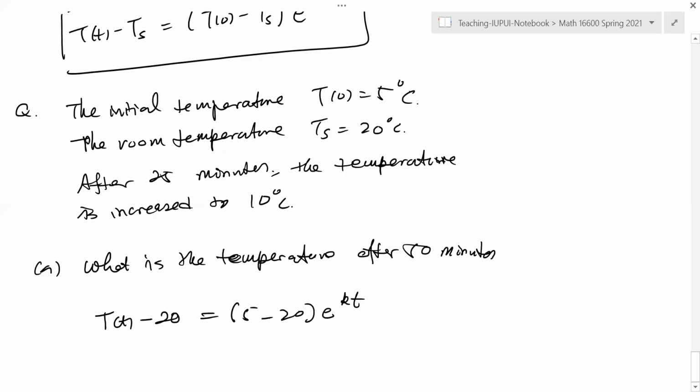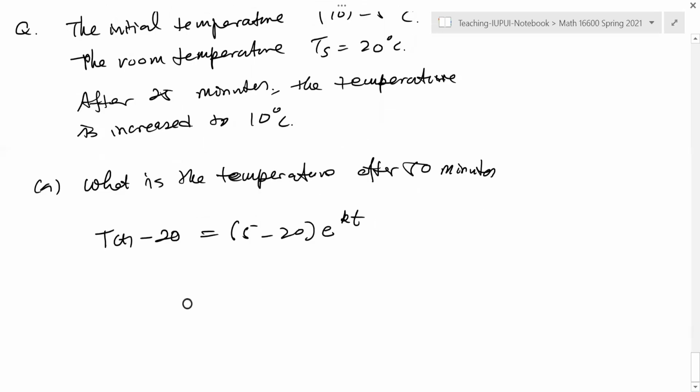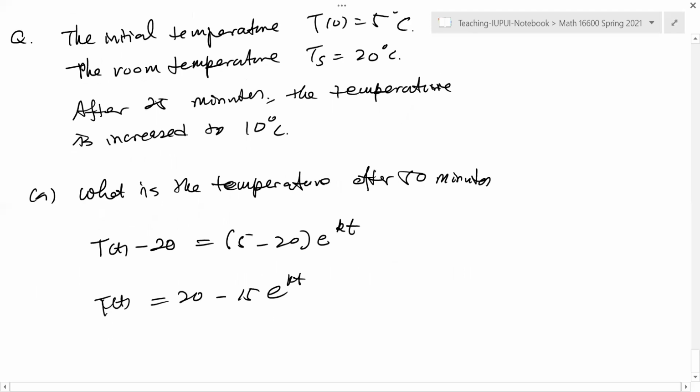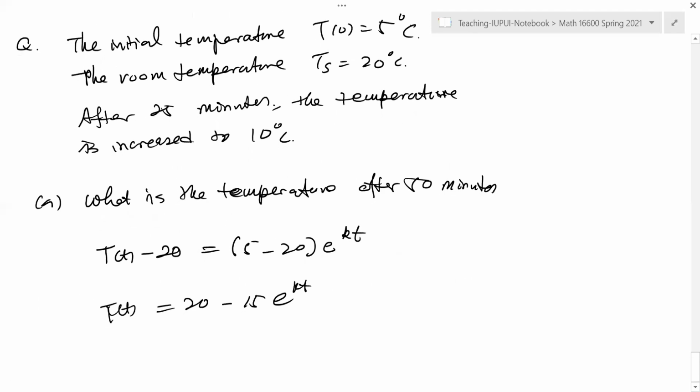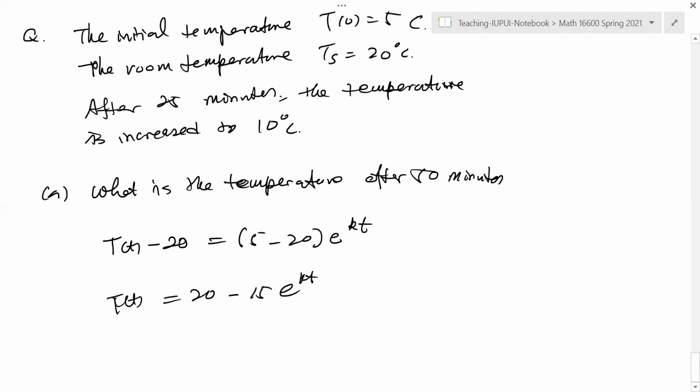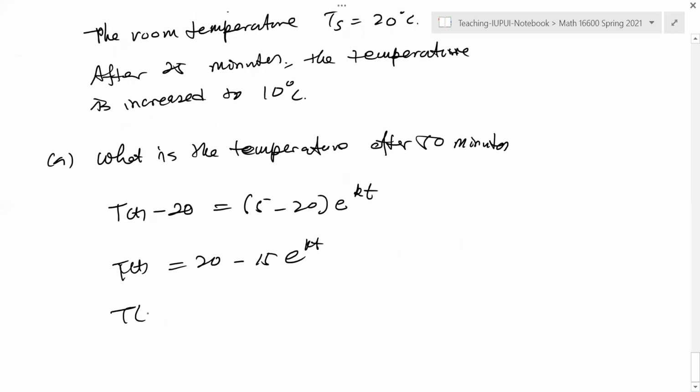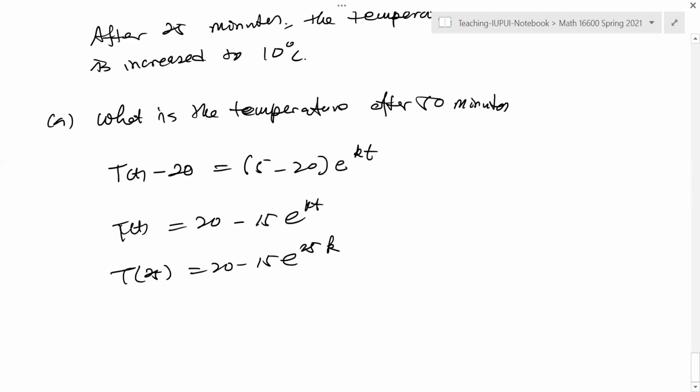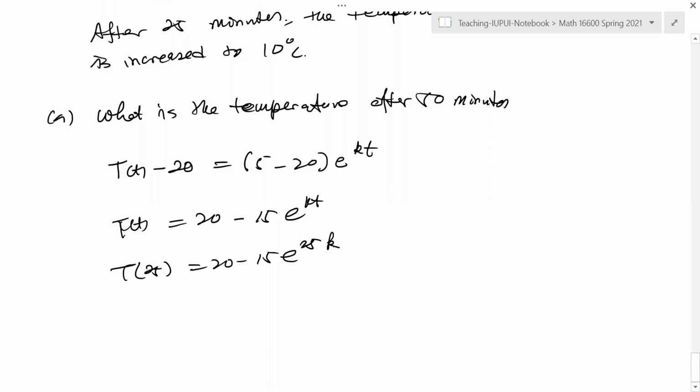So let's see how much we know. We know that T is going to be 20 minus 15 e to the kt. We are given some information: after 25 minutes, the temperature is increased to 10. In this case, we can determine the constant k.